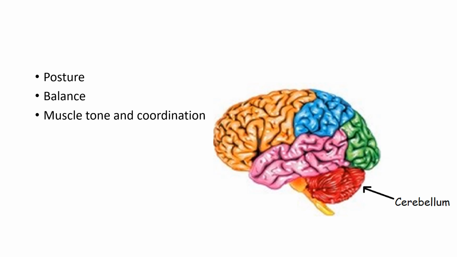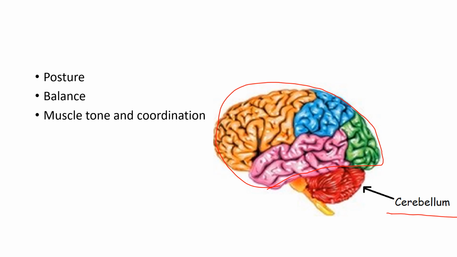Okay, then lastly, we're going to talk about this little portion down here called the cerebellum. The cerebellum actually means little brain in Latin, because it is similar in structure to the cerebrum. Again, this bigger portion is our cerebrum, and this is our cerebellum.